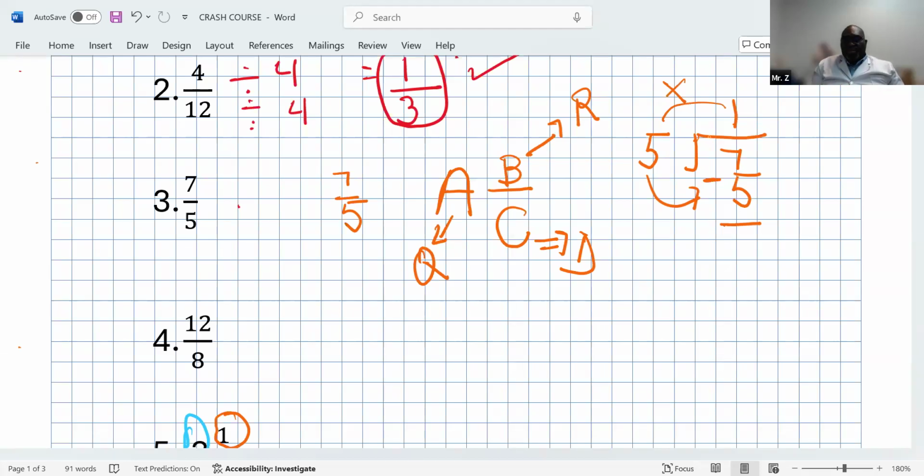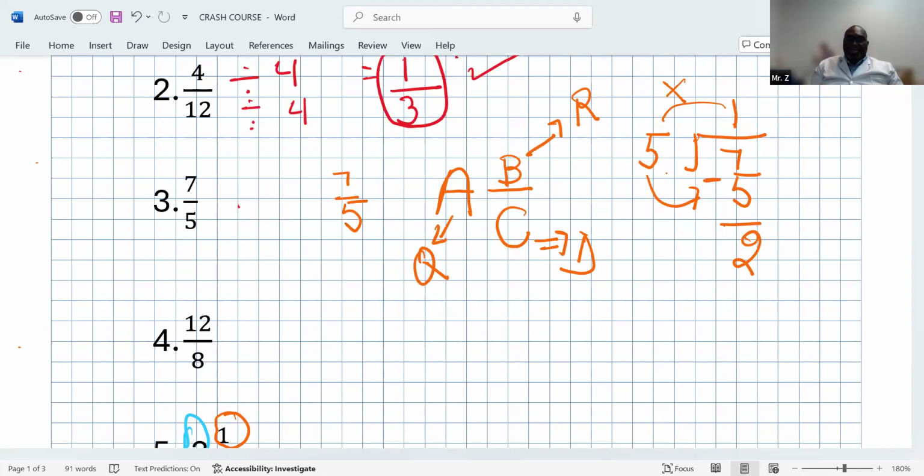So here, 7 minus 5, you get 2. Okay. So in this division, look at the shape: the mixed number is going to be in the form of A, B, C. A is the quotient, that is the answer of the division. C will remain the same, that is the denominator or the divisor. B is going to be the remainder of the division.